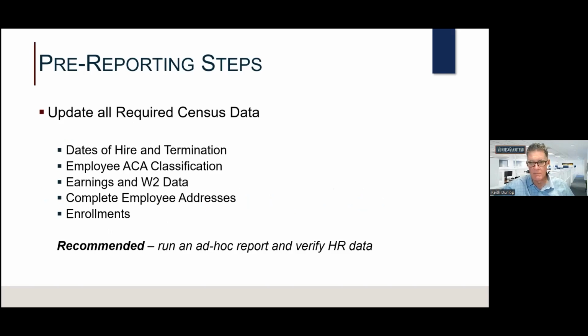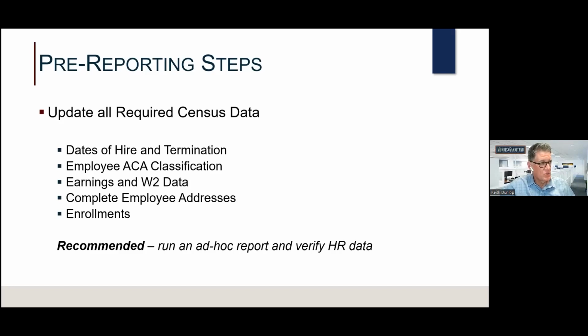And it's really a matter of making sure you've got really good, clean HR data in Employee Navigator, confirming that dates of hire and termination dates are in the system for employees, that employees have the correct ACA classifications, earnings information, if there's any changes there need to be updated. If you're using W-2 as your affordability safe harbor, you have to every single year update that W-2 information. Employee addresses are obviously important, and of course enrollments, so that the codes on the 1095s are correct.